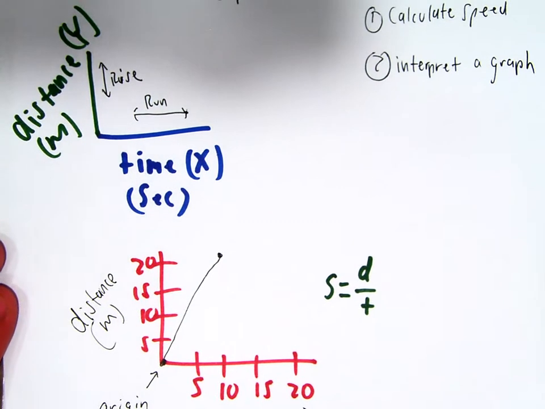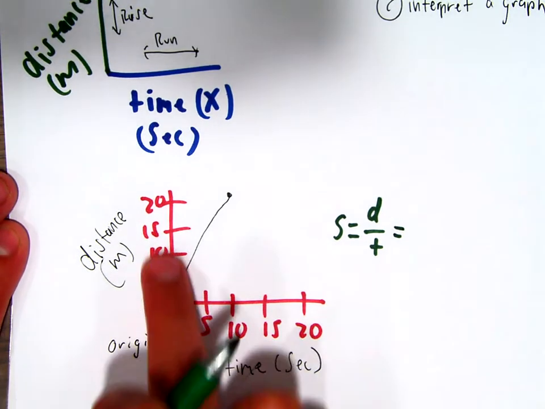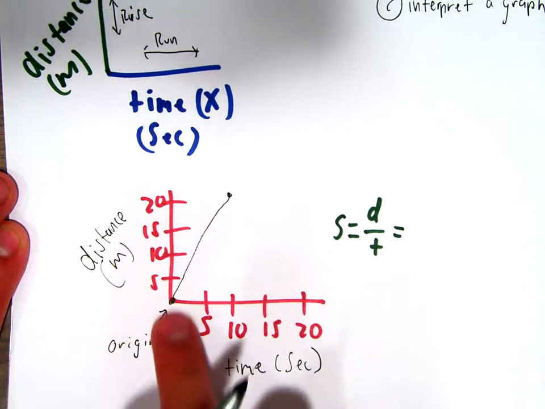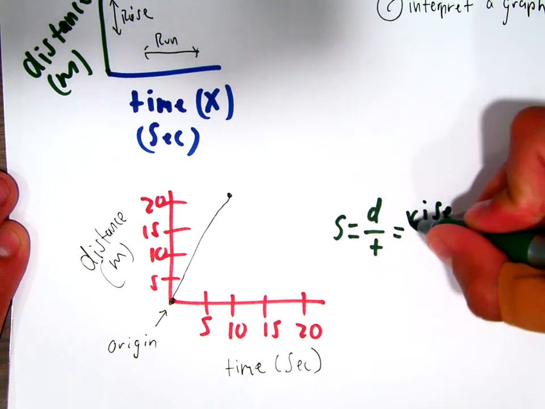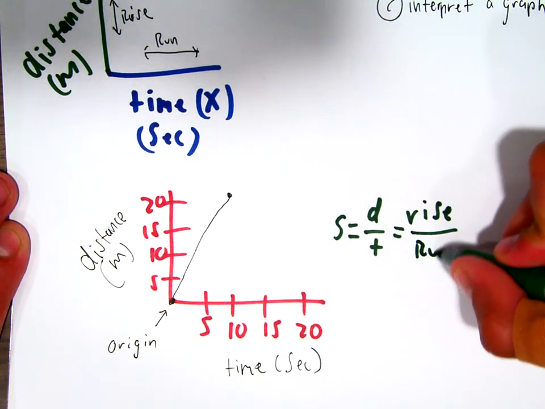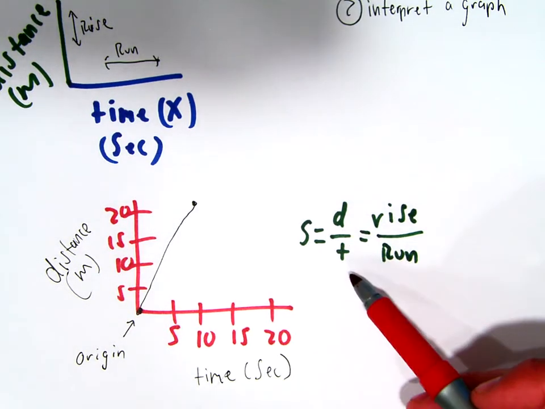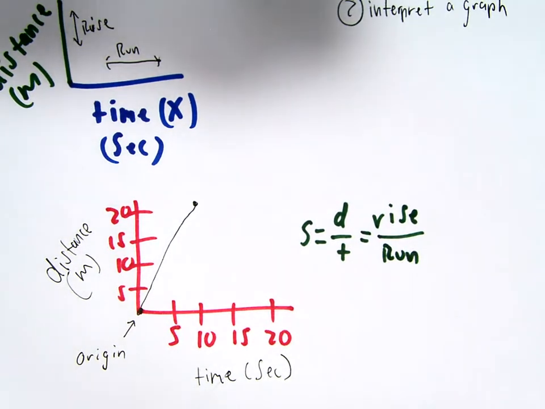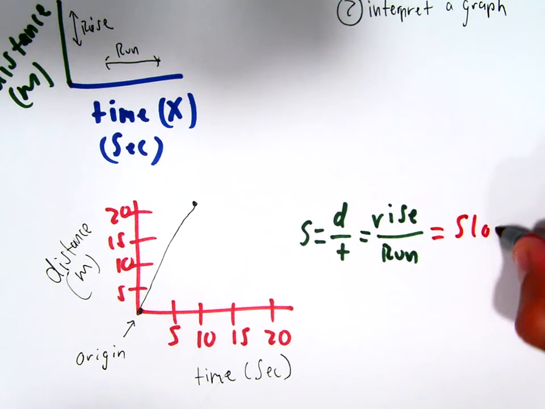In this graph, my distance is up and down. It's how much I'm rising on this graph. So distance is the same thing as rise, and time is the same thing as my run. In other words, speed equals distance divided by time, which is rise over run. Rise over run in math, we just call that our slope.